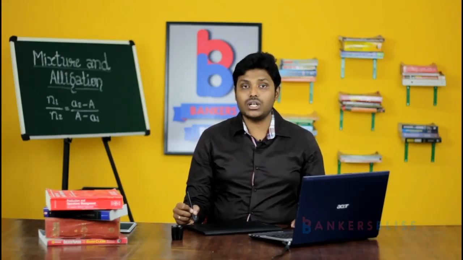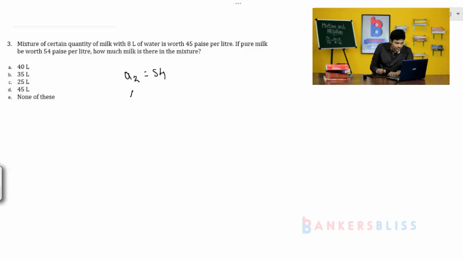Next, what do you mean by 45? Whether it is A1 or A? See here, it is capital letter A. A mixture of a certain quantity of milk with 8 liters of water is worth 45 paisa per liter, meaning after mixing both milk and water, you are getting 45 paisa per liter. So, A is 45.